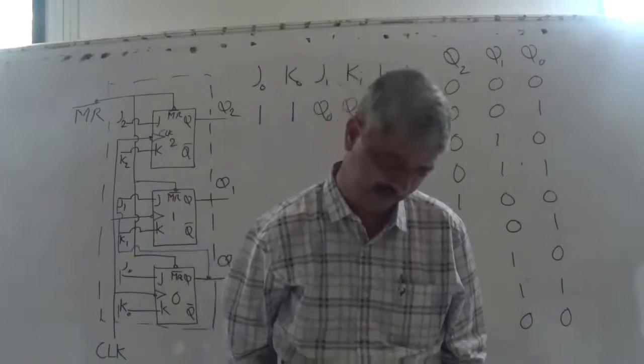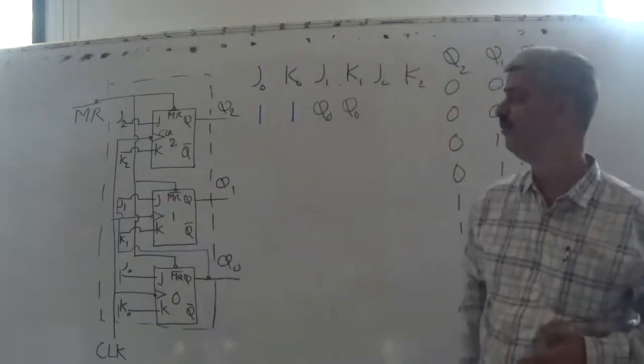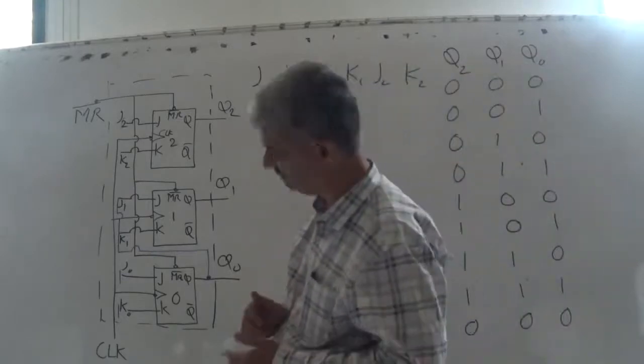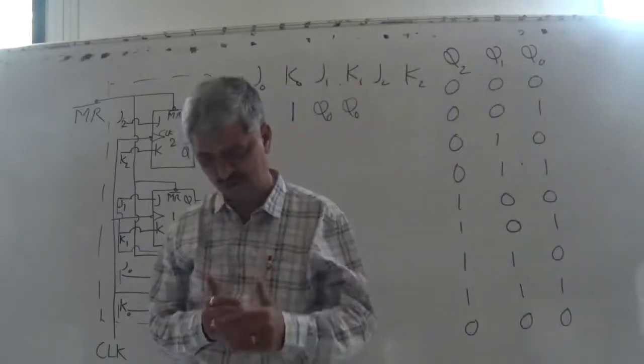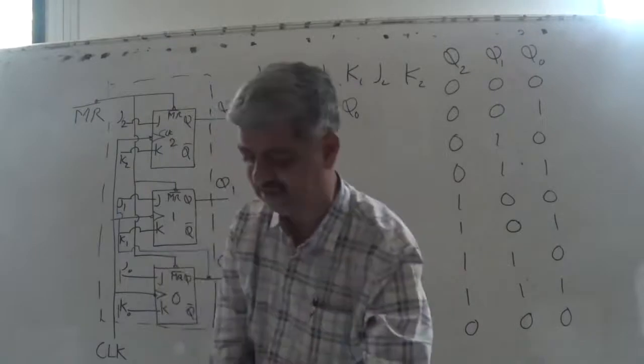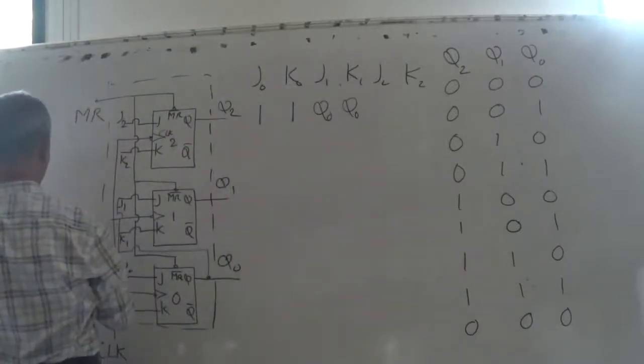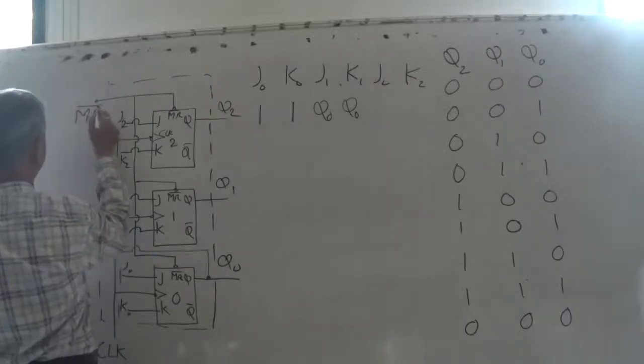I hope it is quite clear now. That was there in the last lecture also, I just explained it in detail so that nobody should have any kind of difficulty in understanding.